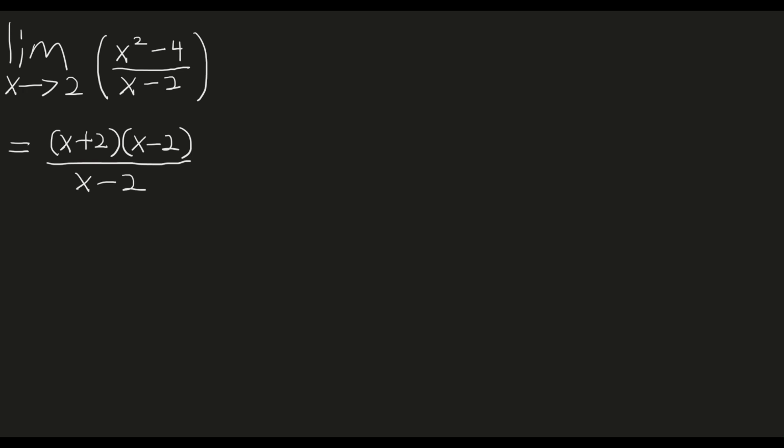We then want to cancel the x minus 2's out in the numerator and denominator. This just gets us x plus 2. Plug in 2, 2 plus 2, then 2 plus 2 is 4. And this would be our final answer.